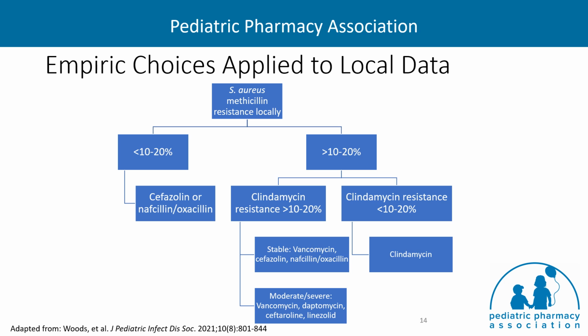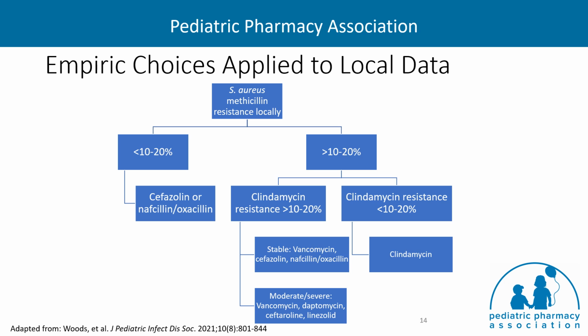If you have more than 10 to 20% methicillin resistance, then you can start looking at your clindamycin susceptibility, because clindamycin is a common drug we use. If your clindamycin resistance is over 10 to 20%, you're going to go down the vancomycin route. Maybe if they're stable, you may go back to the MSSA side, but most of the time people are going to put them on vancomycin.